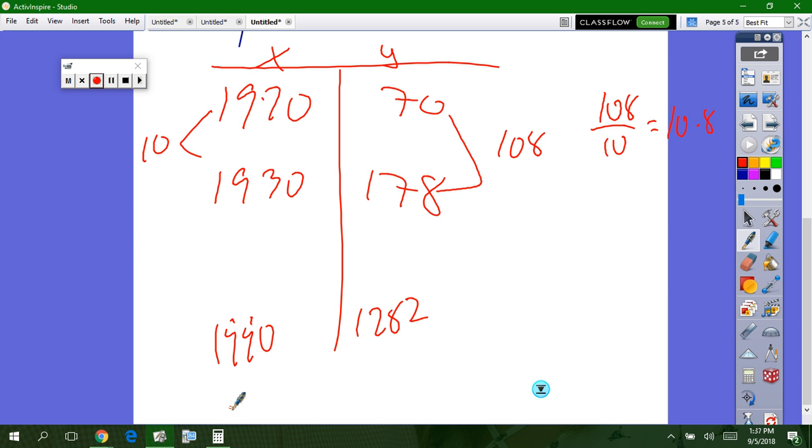So somebody do that for me. 1,212 divided by 70. Okay, 17.31.